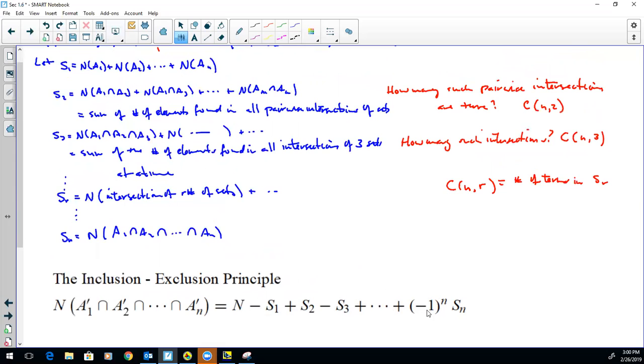The last term is minus 1 to the n times S sub n. So it's an alternating sum.